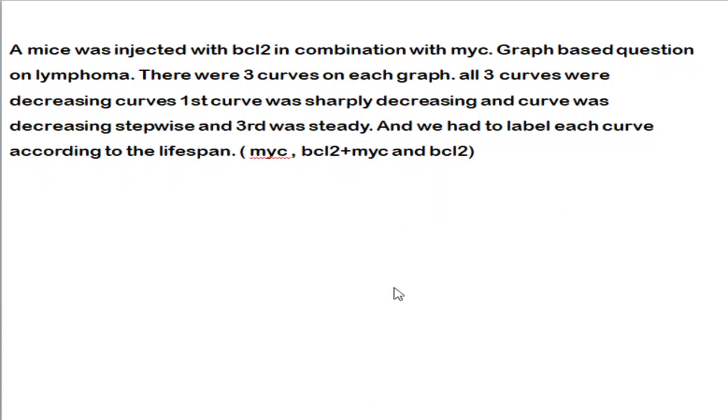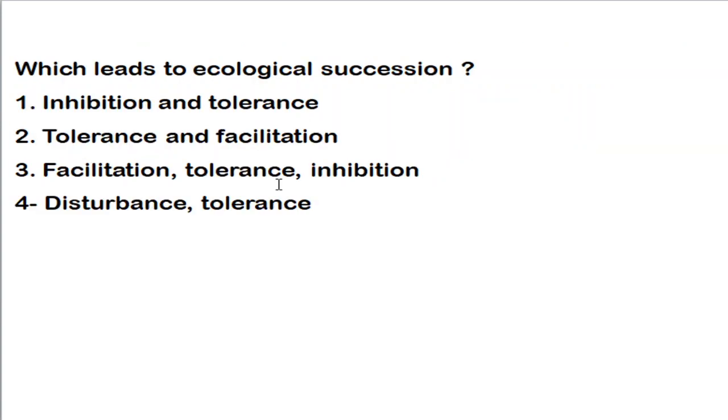So here the apoptosis will not be occurring, so the mice will be alive. Whereas MYC in that condition, I can tell you the first graph is MYC, the second graph is BCL2 plus MYC, the third graph is BCL2. Only if we got the entire question can we tell the correct answer.